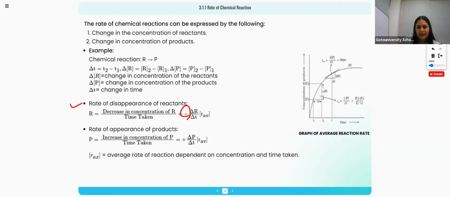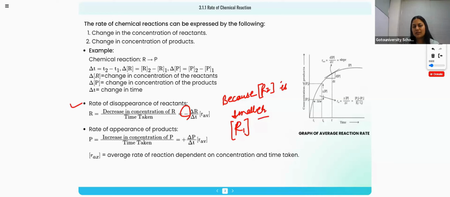Because R2, the final reactant concentration, will always be smaller than R1, the initial molar concentration of reactant. Why is it always smaller? Because reactants are continuously getting consumed in a chemical reaction to form a product.